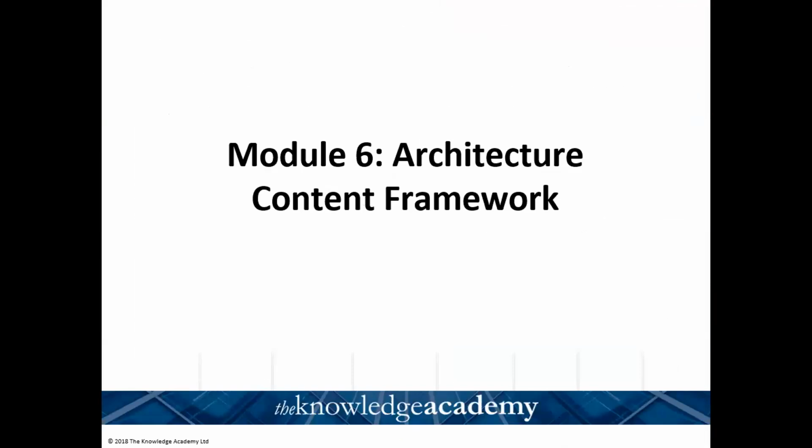Now what exactly is a content framework? What do you understand by content framework? Content framework is basically the content is nothing but the artifacts or all those things that we prepare, and a framework to develop or implement that.